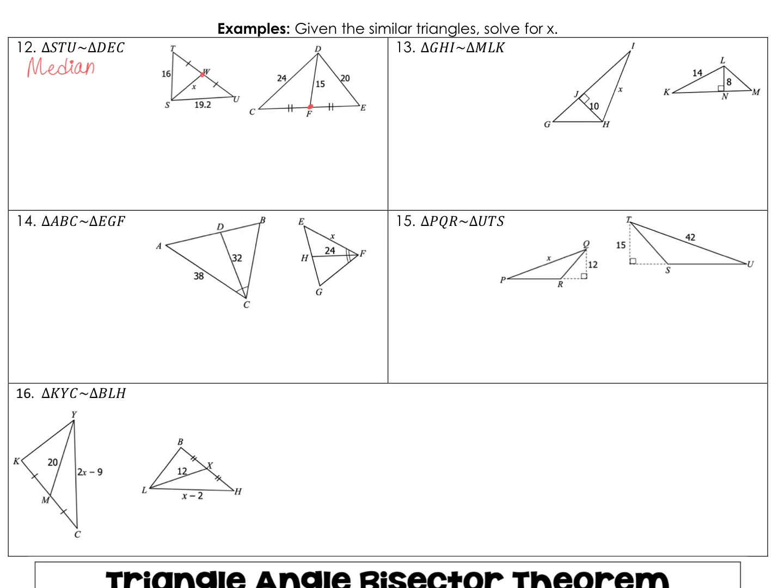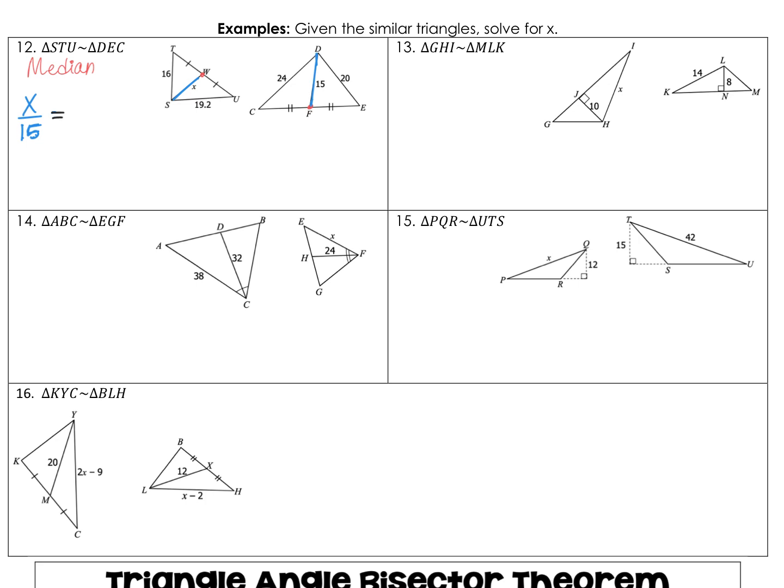You're going to set up the proportional pieces. Okay, so let's go ahead and do it. X corresponds to maybe 15. I'm going to do this actually in blue or something. Yeah, X to 15. Okay, make sure you keep the same order. So you started with that triangle on the left, you have to start with it again.